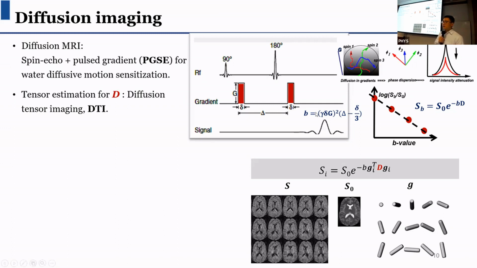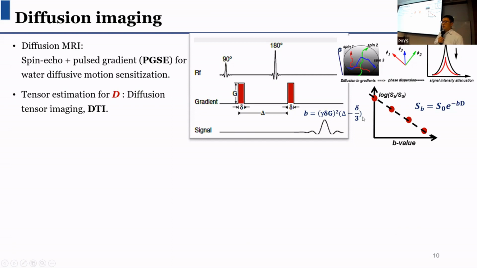Interestingly, we can set up an experiment. You can set b equal to 0. The b value is proportional to the area of our diffusion gradient: this is gamma, the gyromagnetic ratio, this is small delta, and this is the big G. This is the area of the diffusion gradient.